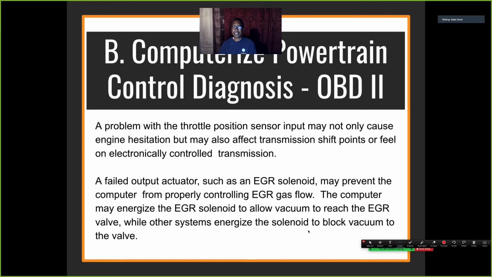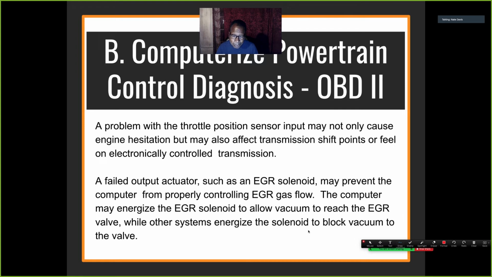Basically what this is saying is, it depends how the system is set up. You can allow vacuum to the solenoid or block it to the solenoid.